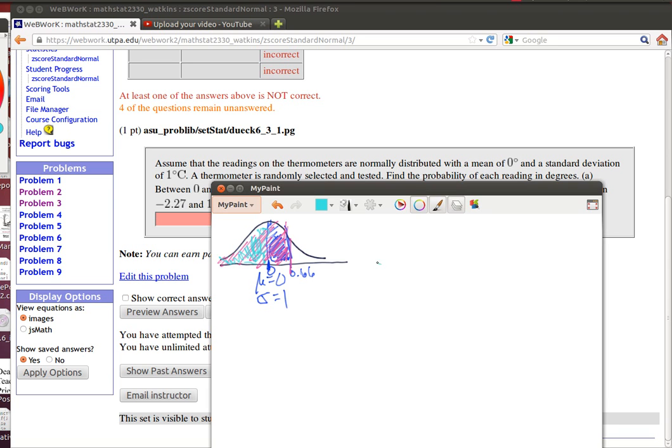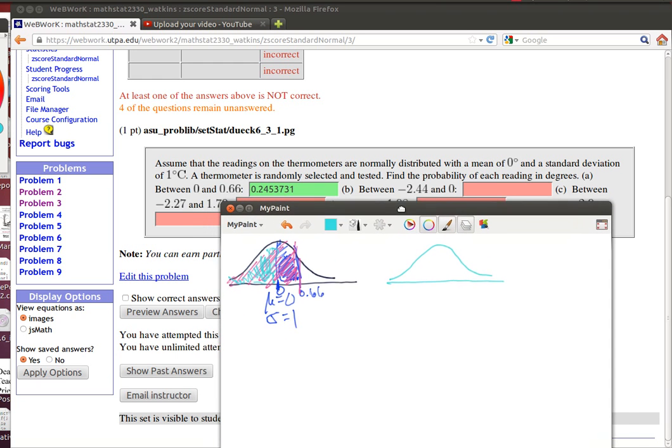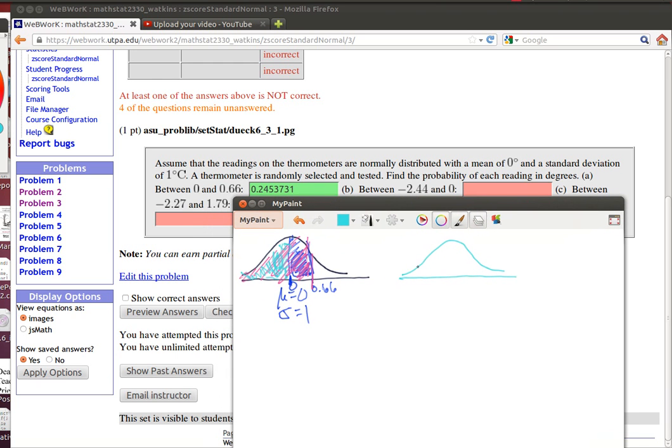In this second one, we've got a standard normal distribution again, the same setting that we had before, but now we want to be between negative 2.44 and then we want to go up until we get to 0. So we're looking for that area.